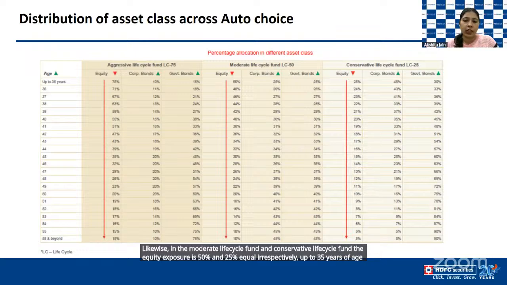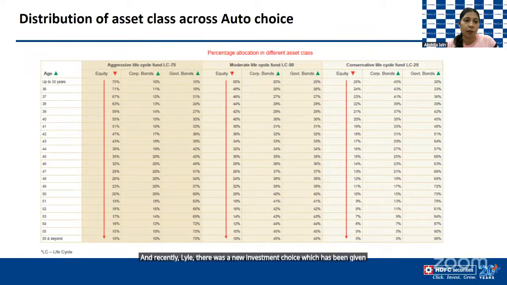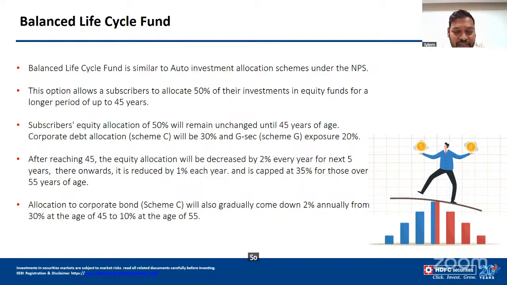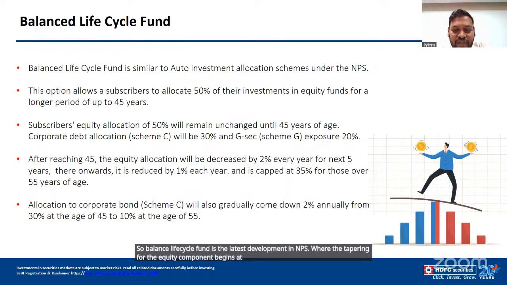And recently, Lyle, there was a new investment choice which has been given to the subscriber called Balance Life Cycle. Though it is similar to the auto investment choice, can you please highlight how it is different from auto choice and what the impacts and returns are if you choose the Balance Life Cycle fund? So, the balanced life cycle fund is the latest development in NPS, where the tapering for the equity component begins at a higher age, that is 45 years of age.